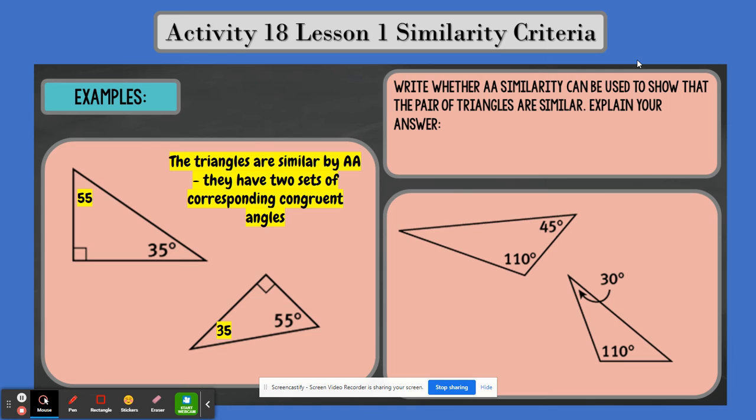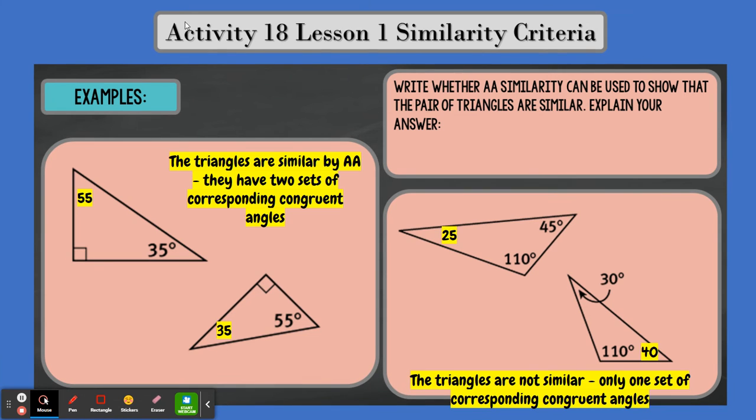So I need to have this angle be 30. So this angle is 25. And this one down here is 40. So do I have two sets of corresponding congruent angles? Then they're not. How do you know that's 40? Because they always add up to be 180. Always.